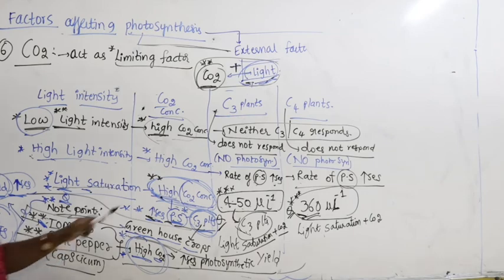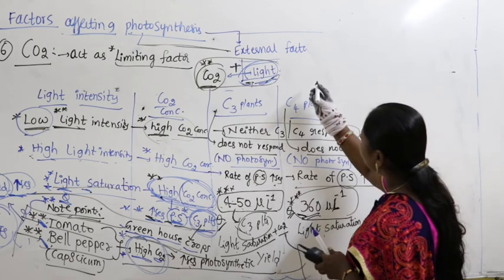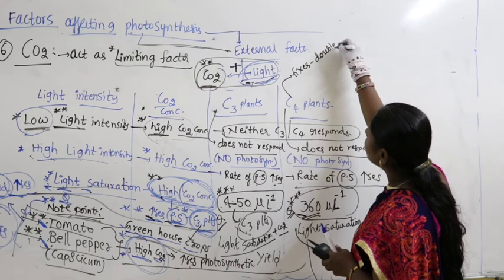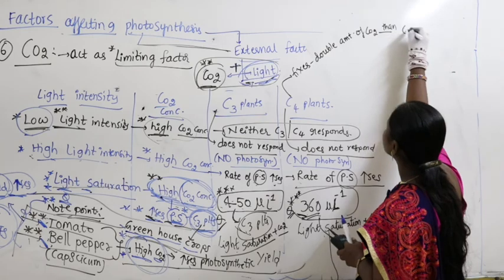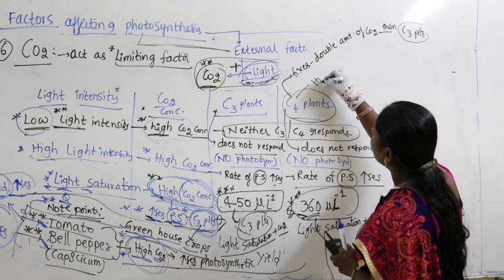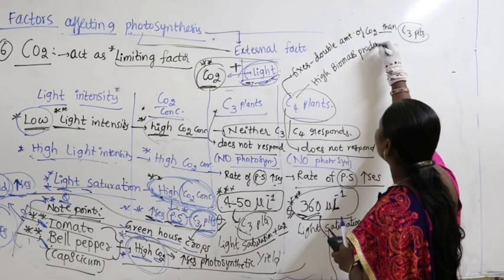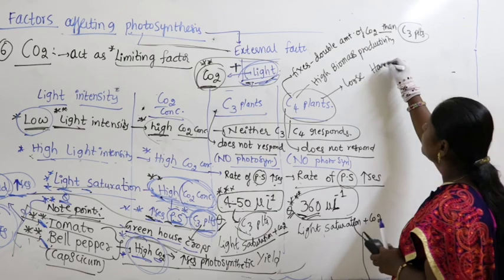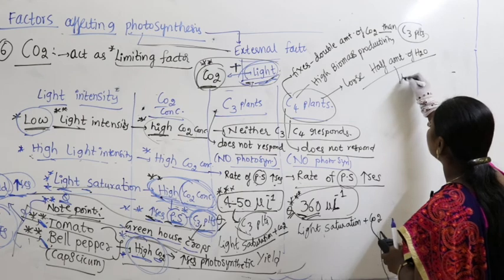Of course, if you look at C3 and C4, you know that very well, you have understood and studied. C4 plants fix double the amount of carbon dioxide than C3 plants, this you know. That is why C4 plants maintain high biomass productivity, but they lose half the amount of water than C3 plants.